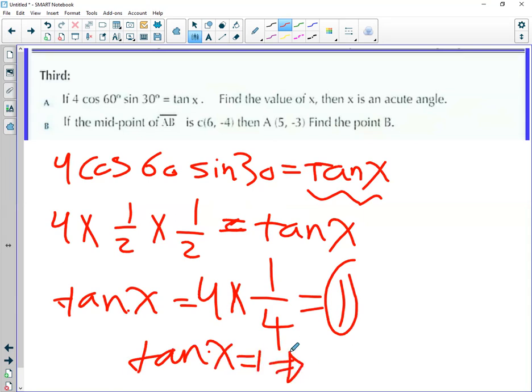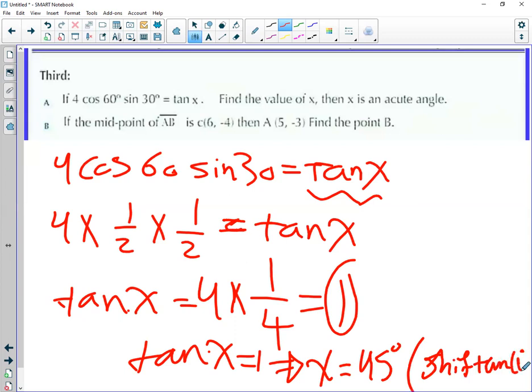Then the measure of angle x equals what? 45 degrees by using the calculator. Shift tan 1 equals 45 degrees, and 45 degrees is an acute angle.